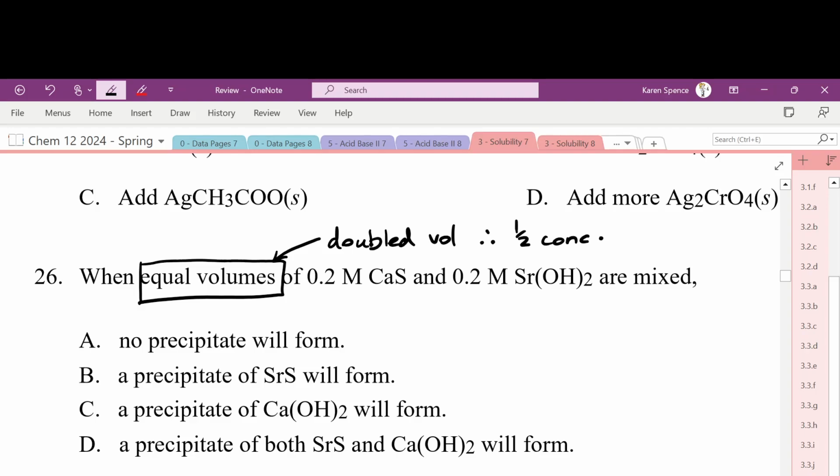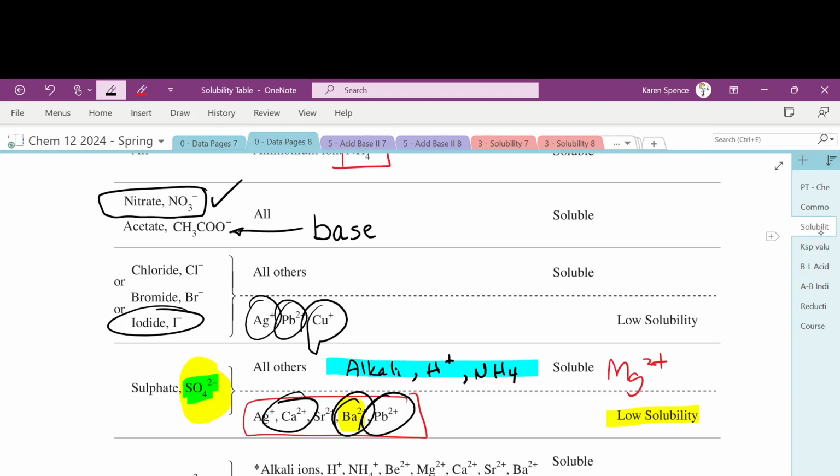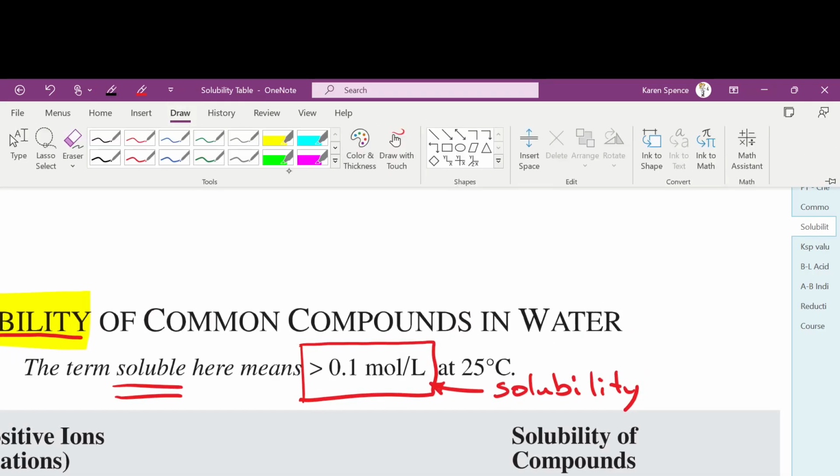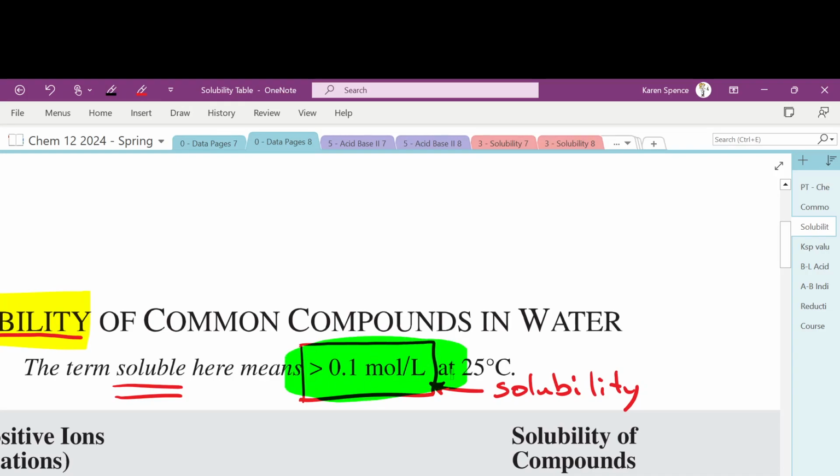So this is going to become 0.1 molar, and this is going to become 0.1 molar, and 0.1 molar is a special concentration. Why is 0.1 molar a special concentration? 0.1 molar means it's going to be soluble.